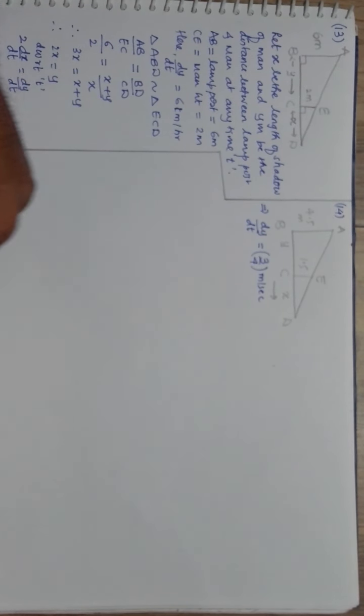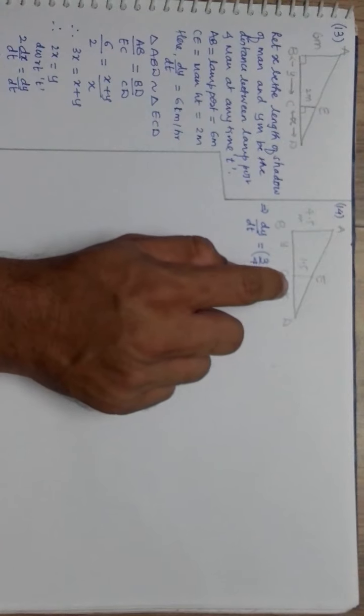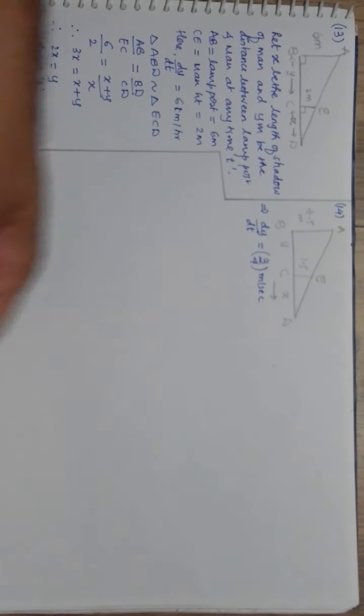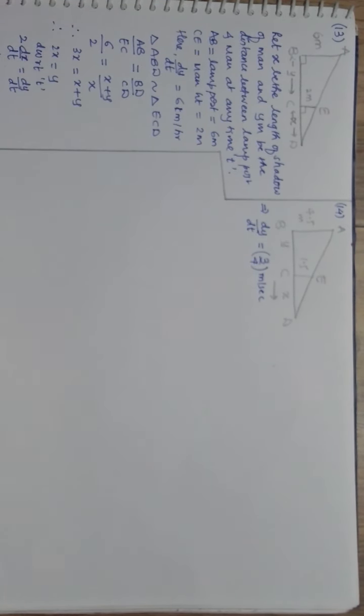Now let me understand the two things which have been mentioned here. Find the rate at which the shadow is shortening, that means change in shadow you have to find, that is change in x. Right now at time t it is x, so after some time there will be change in the position of x. The shadow shortening is this one.